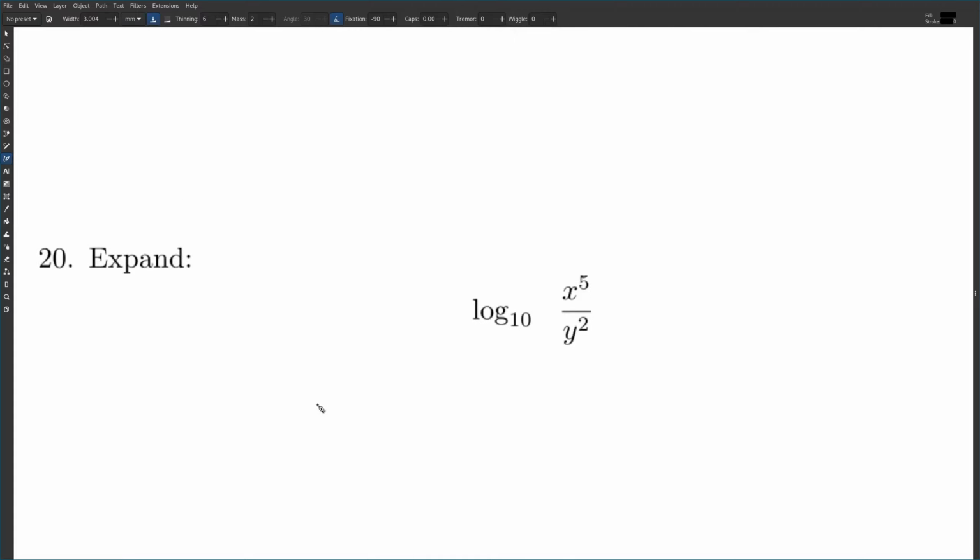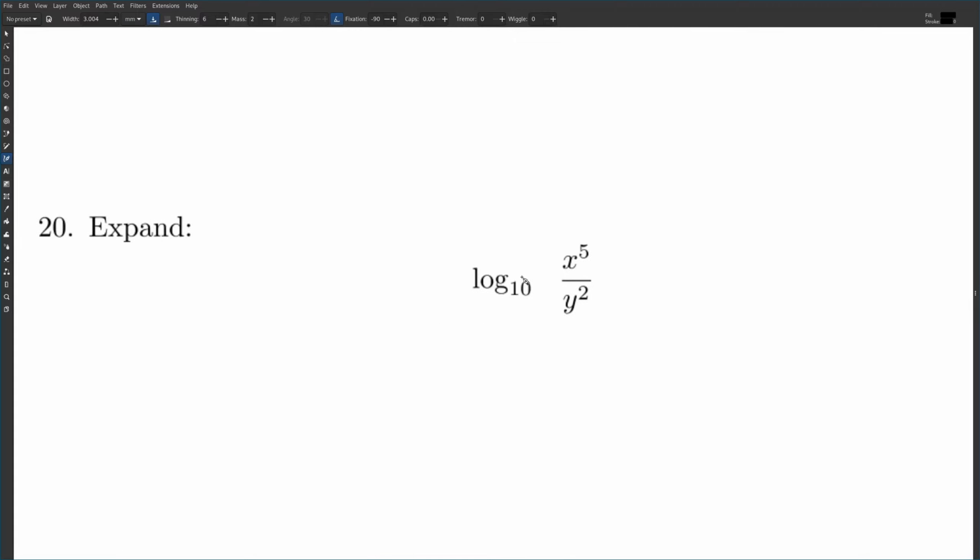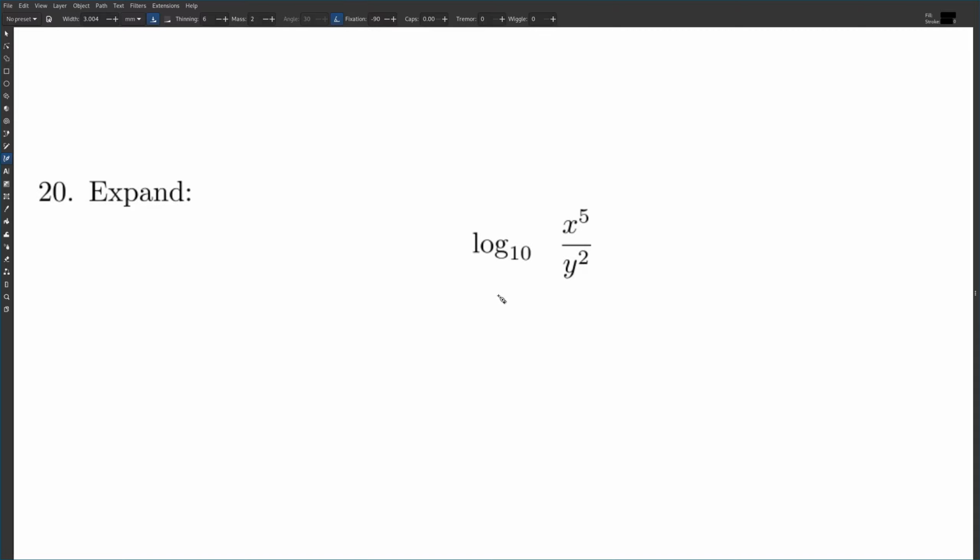Okay. Another one of these. Log base 10 of the quantity x to the power 5 divided by quantity y squared. Since we have division, we're going to use subtraction of logs. So here we don't have to write the 10. 10 is implied.